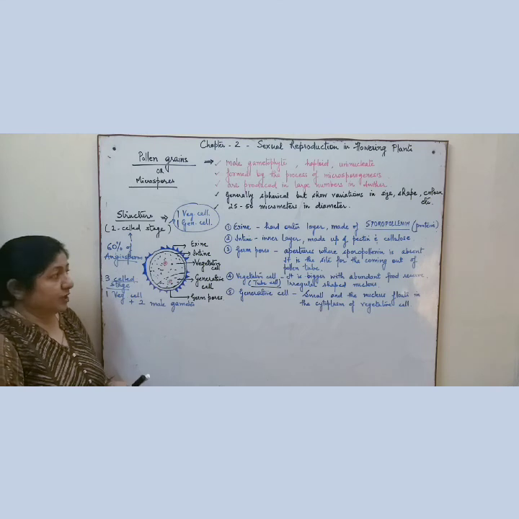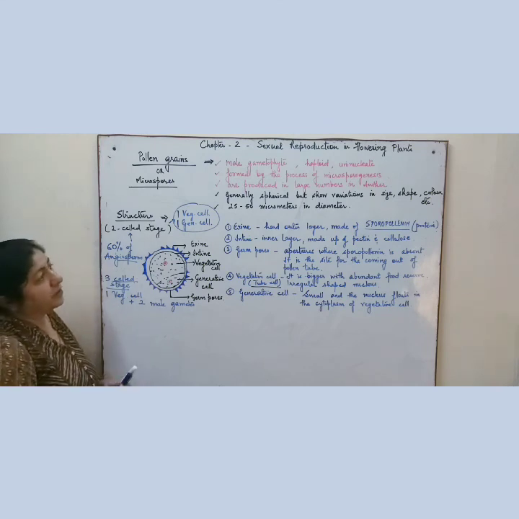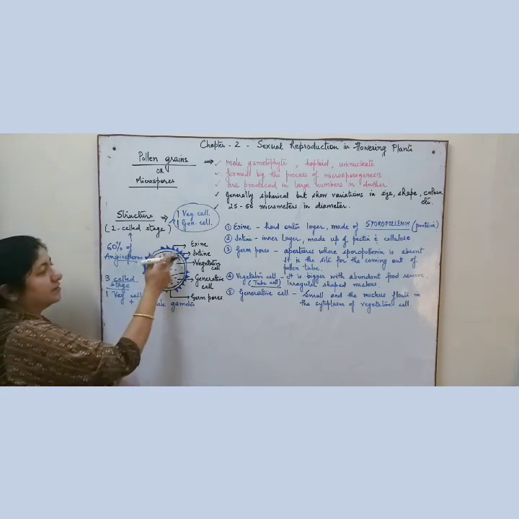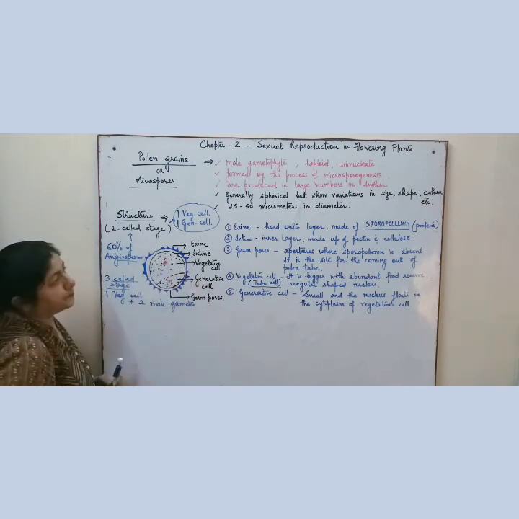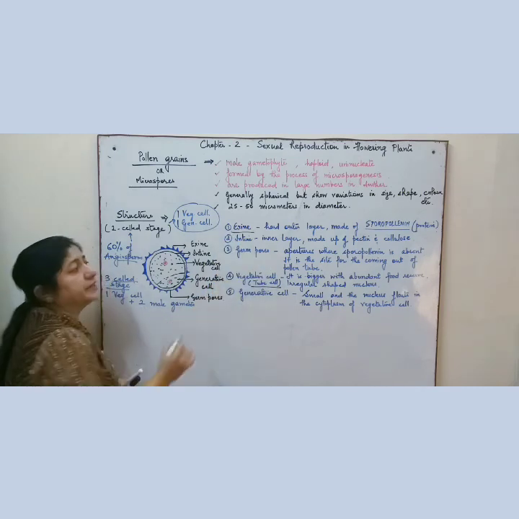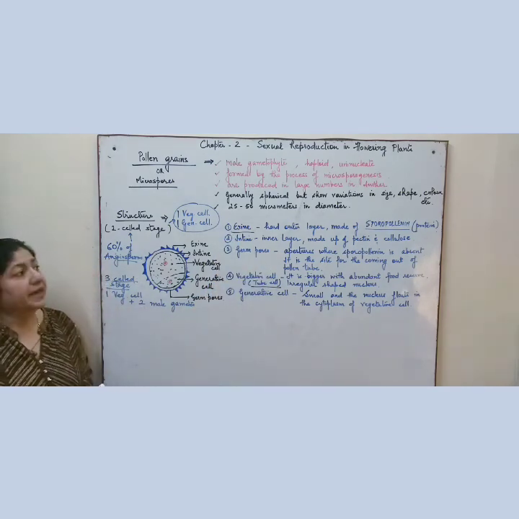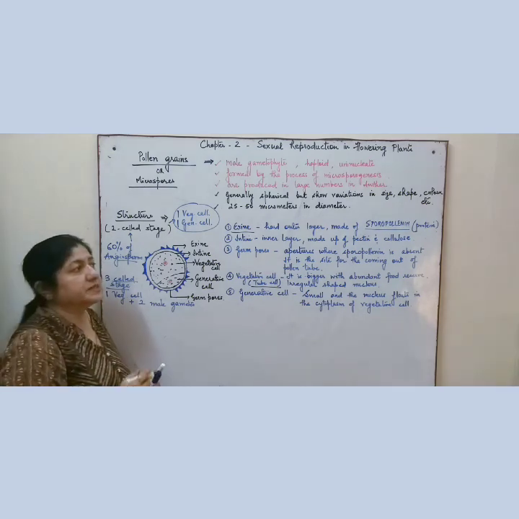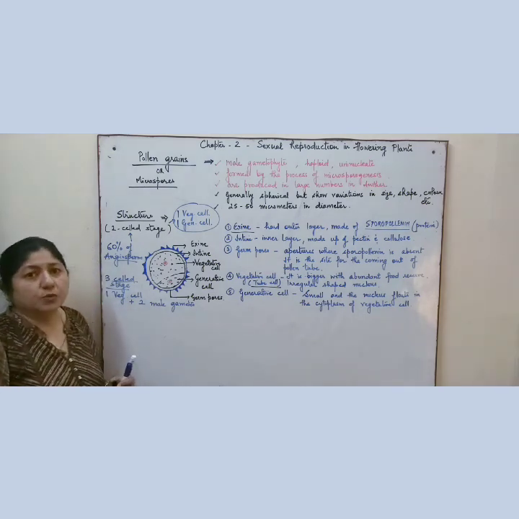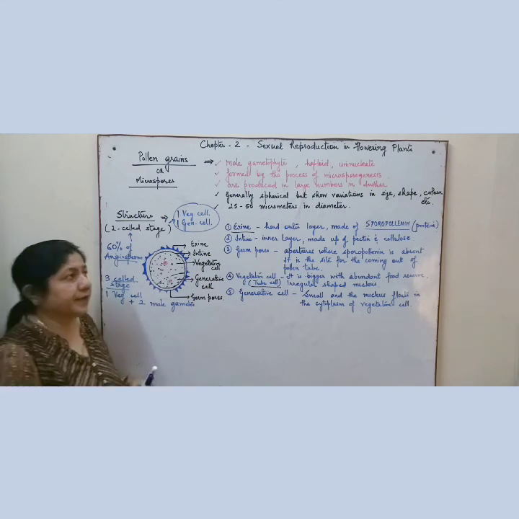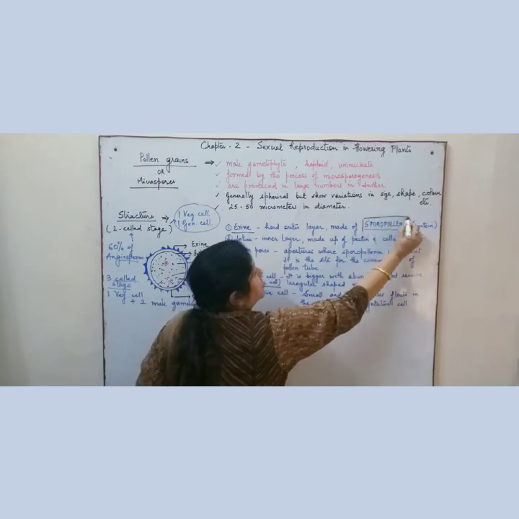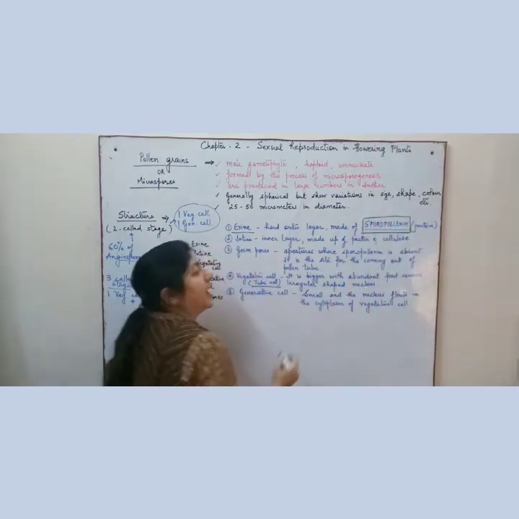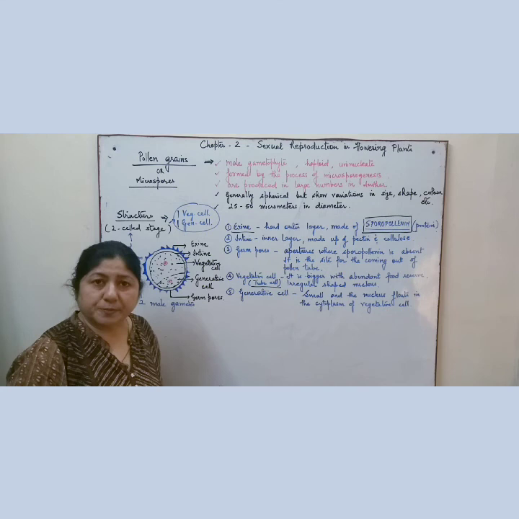When we talk of the structure, the pollen grains have two layers, that is, the outer layer and the inner layer. The outer layer is known as exine. It is a very hard, tough outer layer, and it is made up of a chemical which is known as sporopollenin. Now, this sporopollenin is a proteinaceous layer, and it is produced by the tapetum.